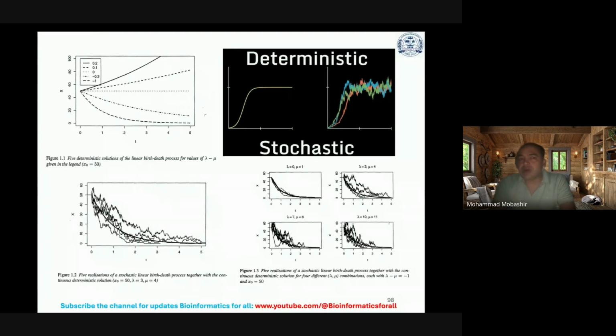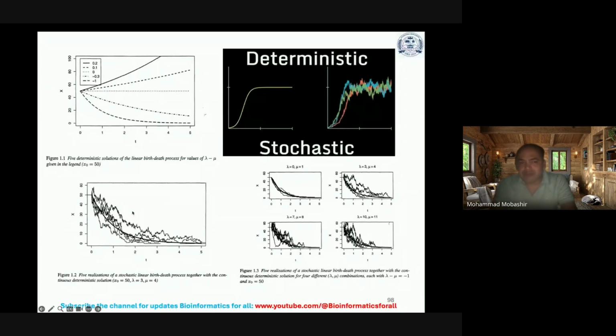And here on the x-axis, it is time point, and on the y-axis, it is the number, for example, the variable x. In the left side bottom figure, there are another 5 plots with different values of lambda and mu and the variable x.